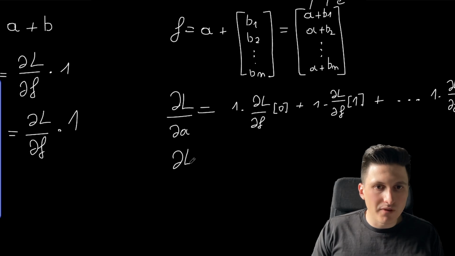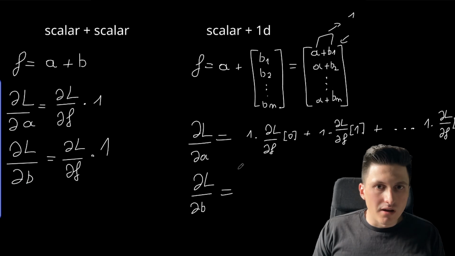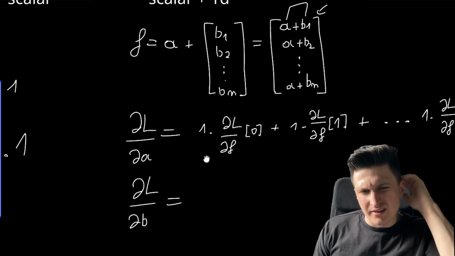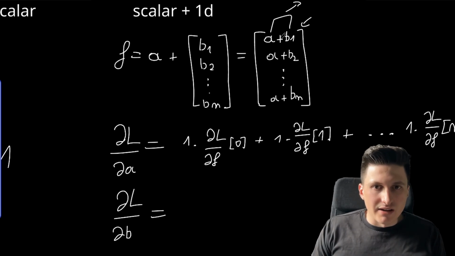And now how are we going to calculate the derivative to B? This is a bit easier, as the derivative of B is a 1D tensor with the same dimension as the gradient of the output tensor.